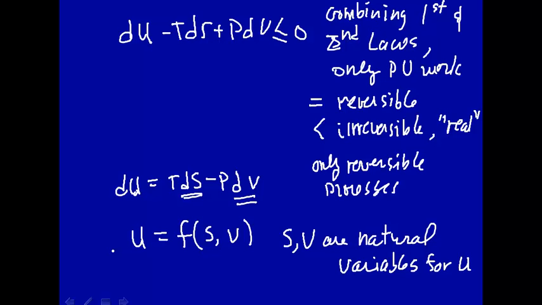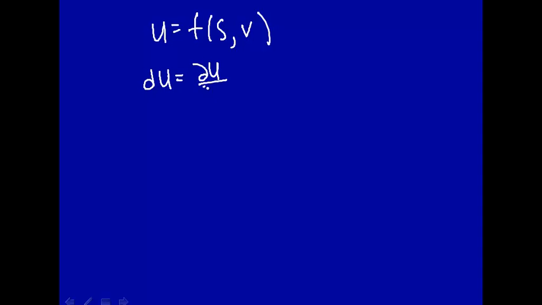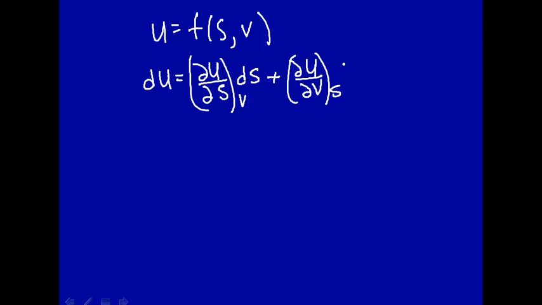All right, now what we're going to do is some mathematical manipulations, use partial differentials, and derive some interesting relations here. So U is a function of entropy and volume. Let's take the total differential of U. That's how U changes with entropy at constant volume times the change in entropy, plus how U changes with volume at constant entropy times the change in volume.